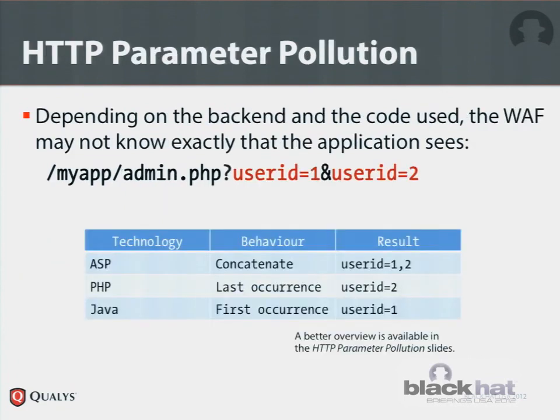And PHP is actually known for these things. The second thing that's quite useful is HTTP parameter pollution. This is where you can supply multiple occurrences of the same parameter, but then the backend will modify them. So the WAF does not know what the actual parameter value being used is, and this is quite difficult to detect.